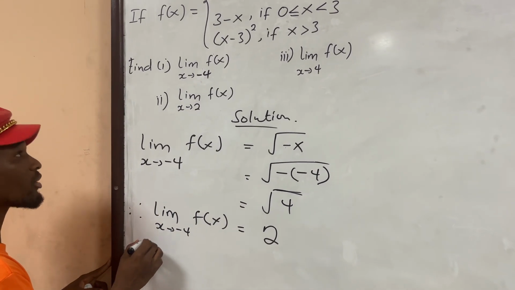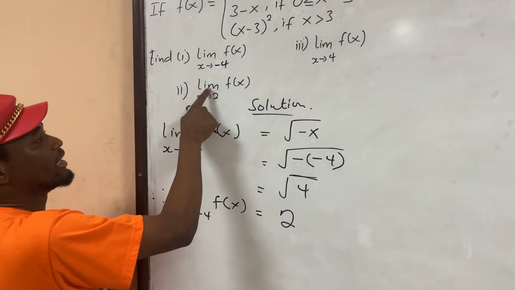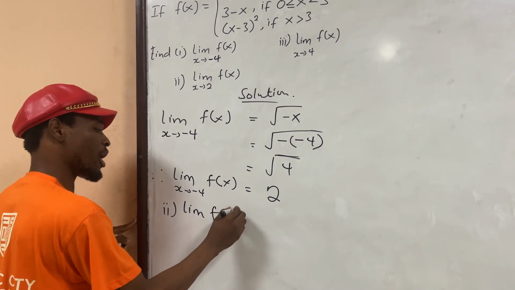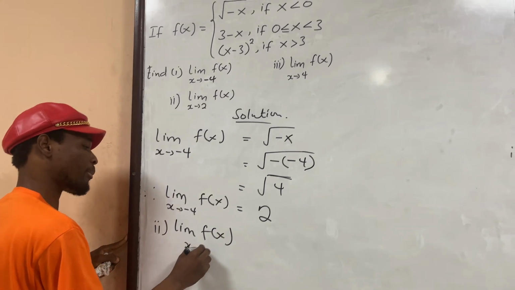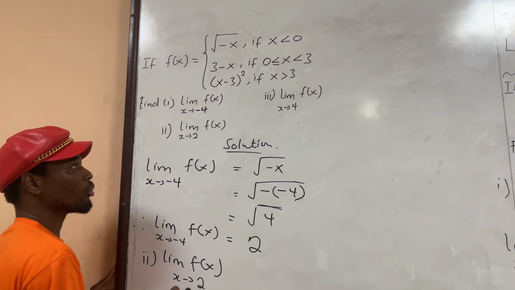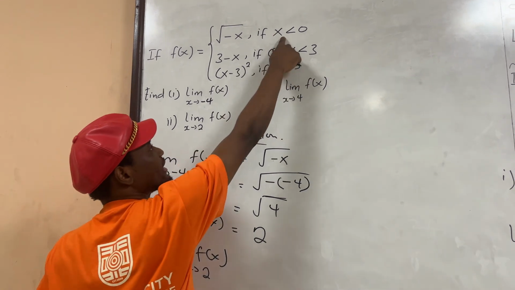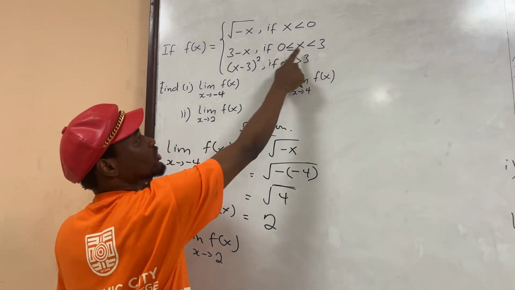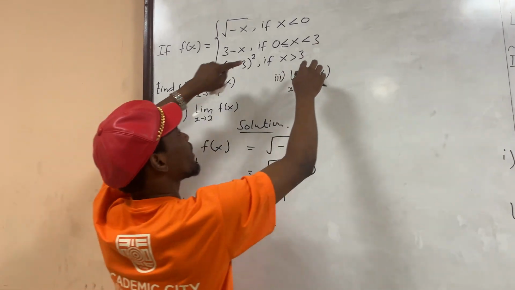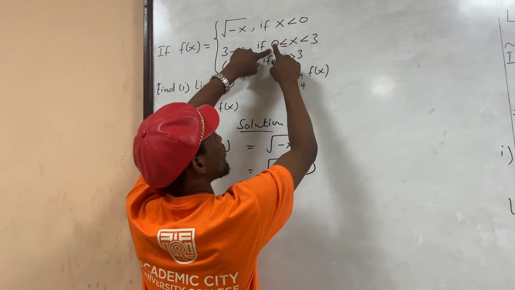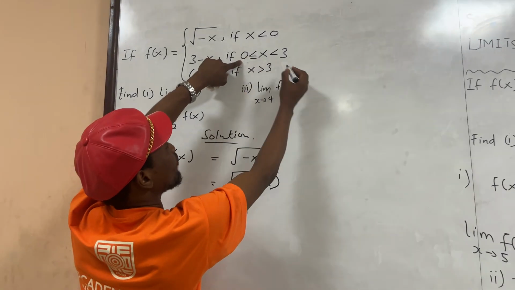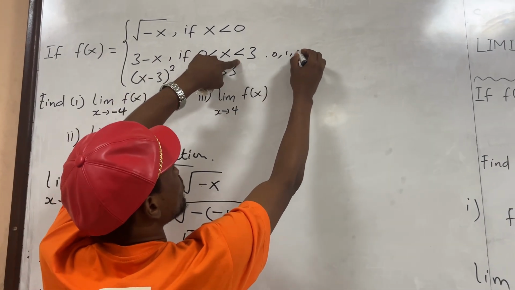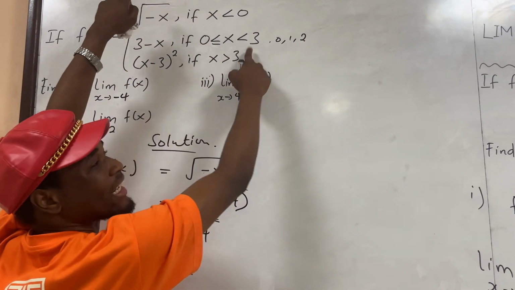So the second question, we have the limit of f of x as x approaches positive 2. Would positive 2 fit into this, that, and this? So clearly, positive 2 fits into this interval, because this simply means we are starting from 0, we go to 1, we end at 2. Remember, it said less than 3, right?